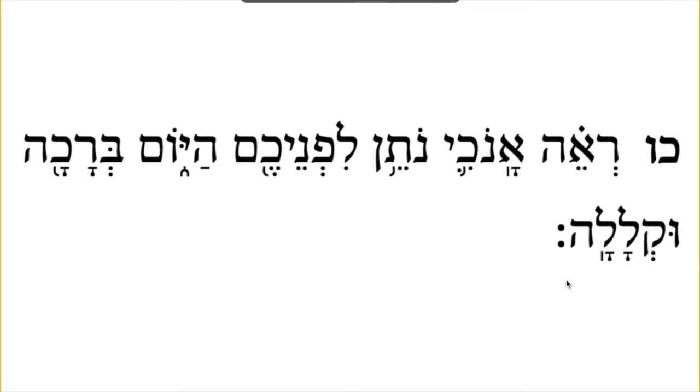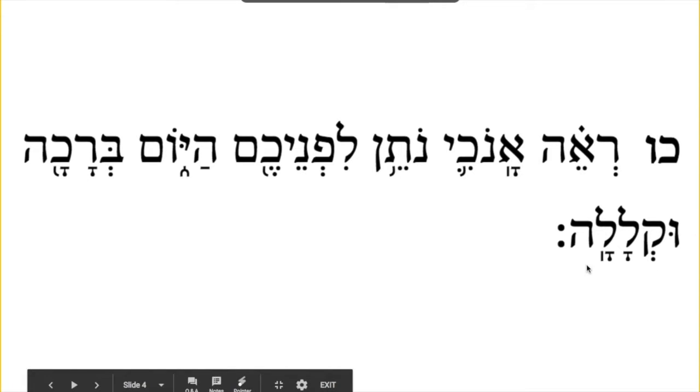So can you say that? Okay, this is uklala. Yes. So the u says u and the klala is curse. You can say this really quickly though. So bracha, blessing, uklala, and curse.